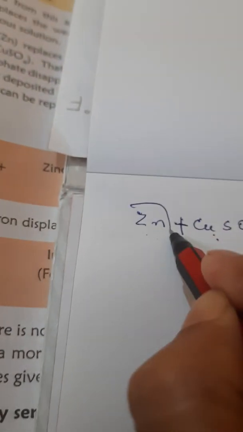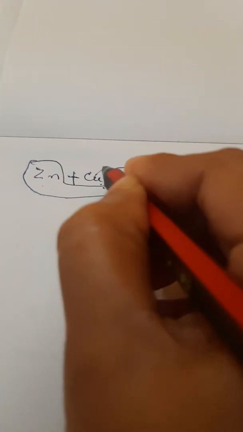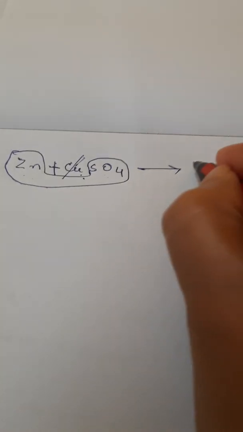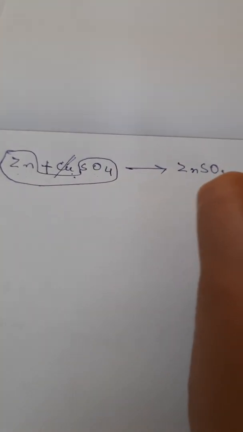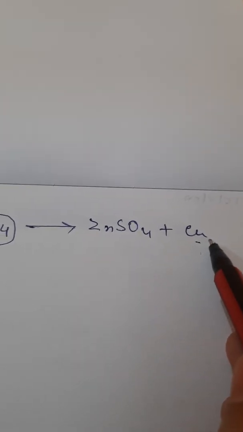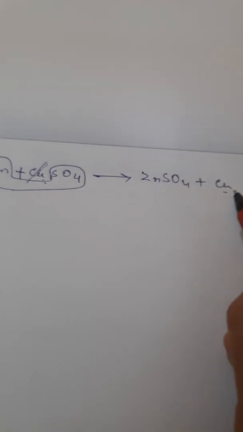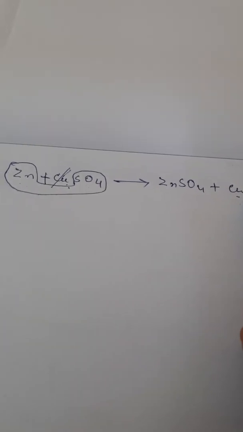It displaces copper and forms zinc sulfate, and brown copper is left in this solution. Clear? So, this is one example of this displacement reaction.